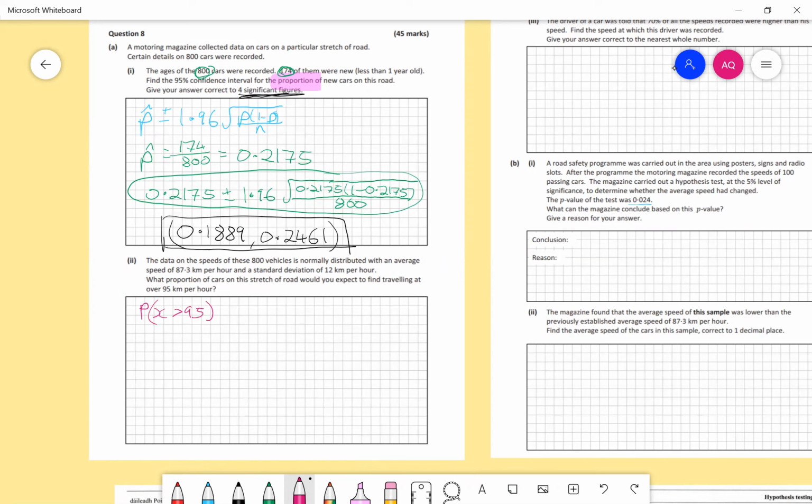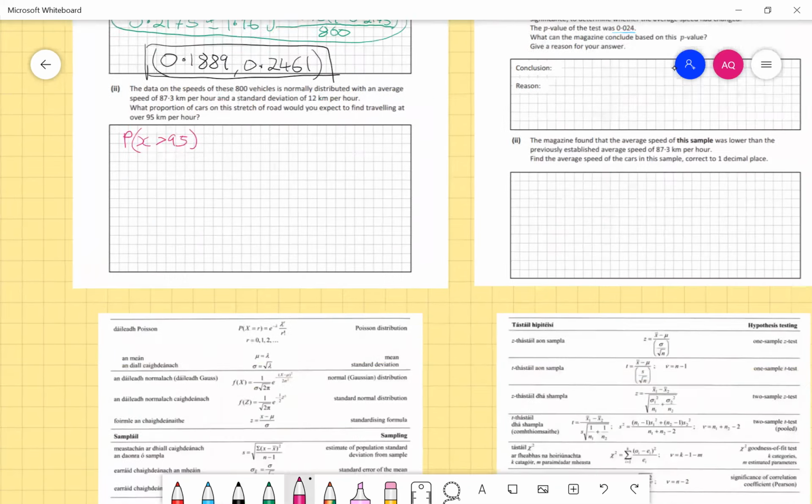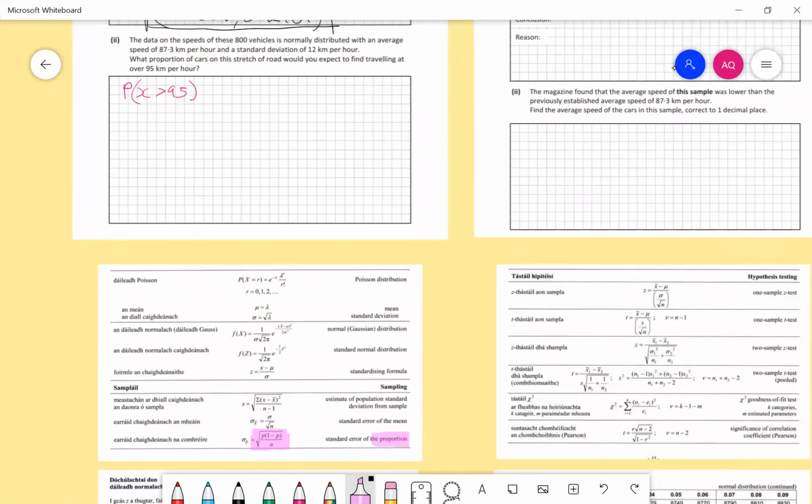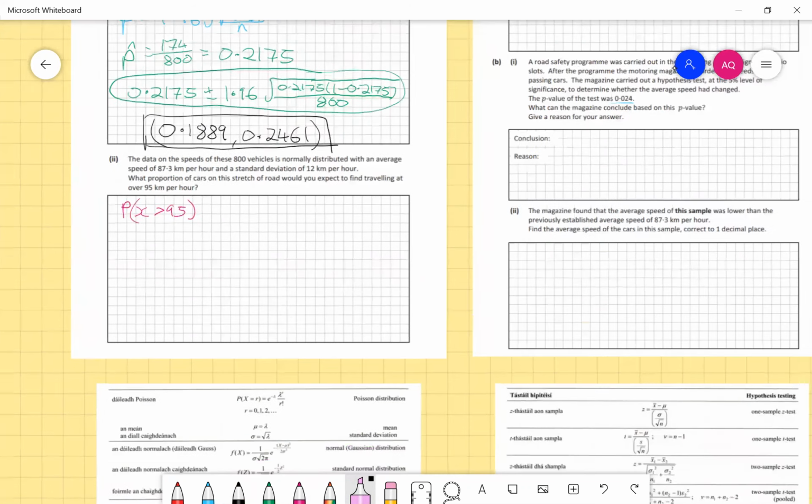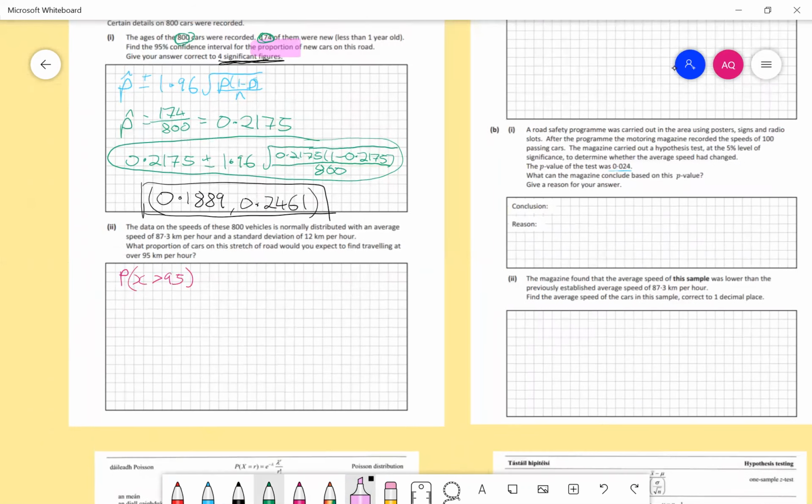Now, if we want to find that, we need to convert it into a z-score. So let's go down here and have a look. Our standardizing formula will convert a normal statistic into a z-score. So we take the statistic given, which is 95, and put it into that formula: x minus mu over sigma.